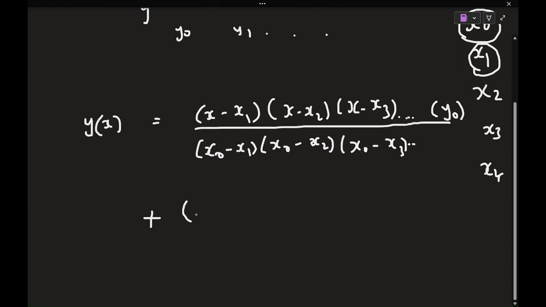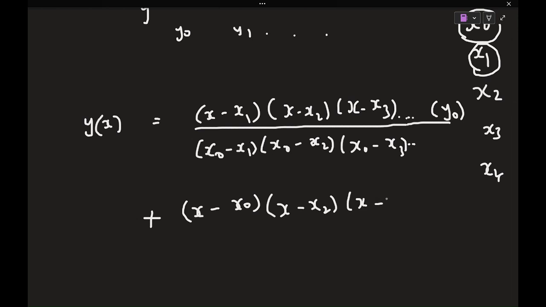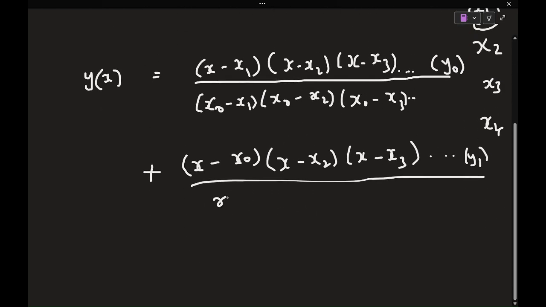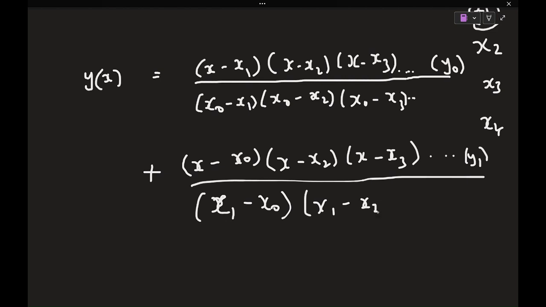So the formula will become x minus x0 into x minus x2 into x minus x3, and so on, into y1 whole divided by, since I'm excluding x1 in this set of terms, x1 minus x0, x1 minus x2, because if I do x1 minus x1, it will be 0 and the whole denominator will be 0. So you won't do x1 minus x1. You will do directly x1 minus x2, x1 minus x3, and so on.